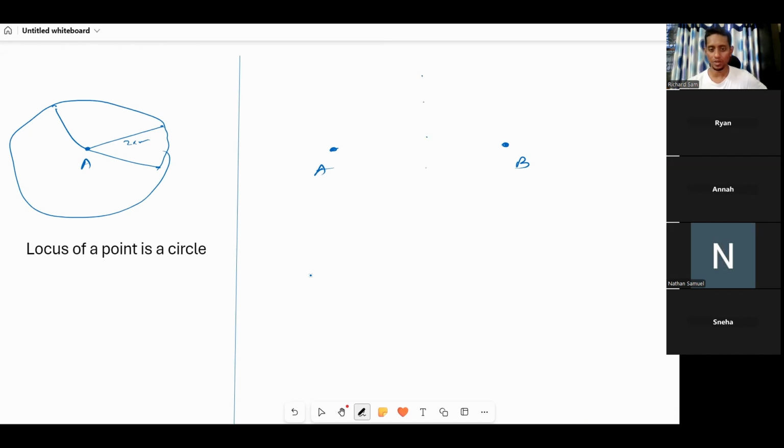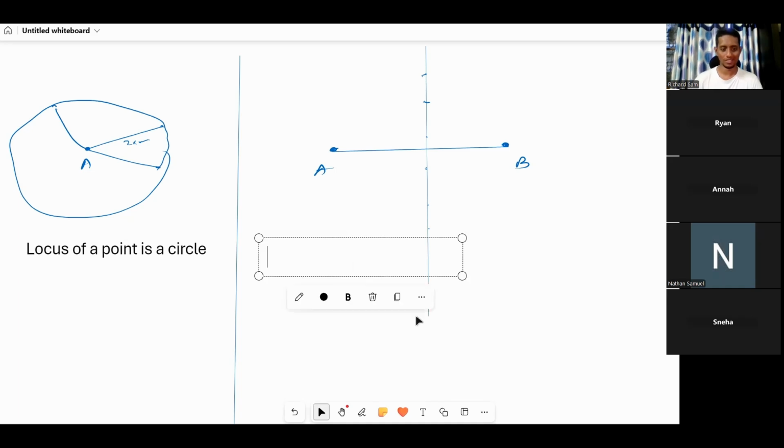See all these points that I'm drawing here? They will have the same distance from A and B. If I join all these points, what will I get? I'll get a perpendicular bisector to this line AB. So I need to first make a line AB and then draw a perpendicular line like this. So any point on this line will be equidistant from A and B. Understood?